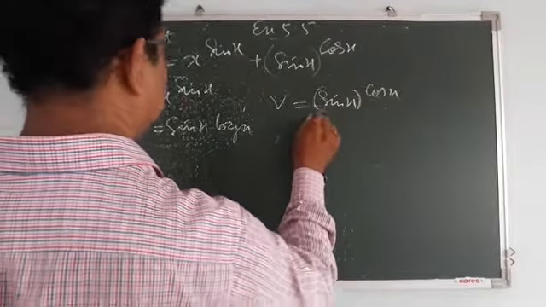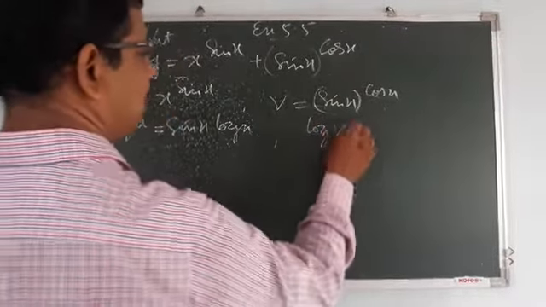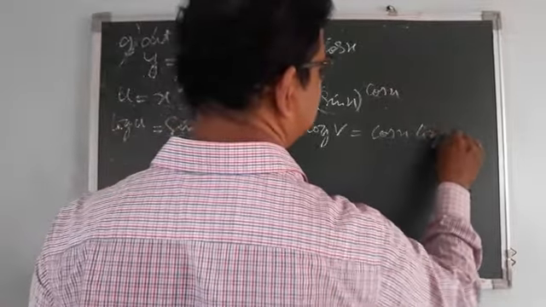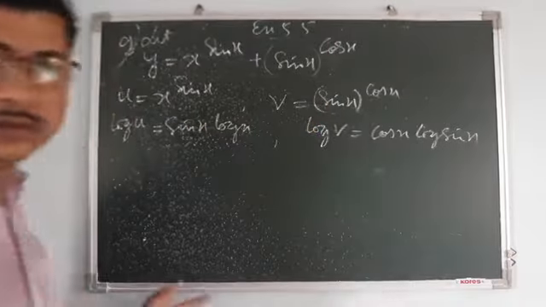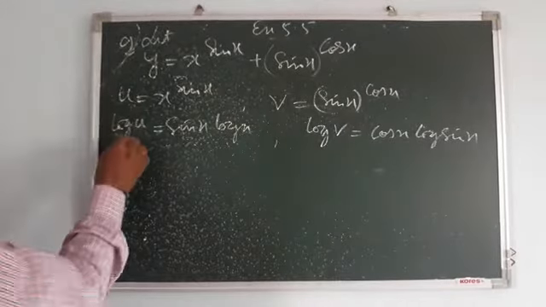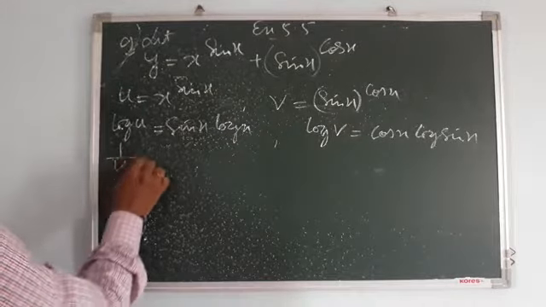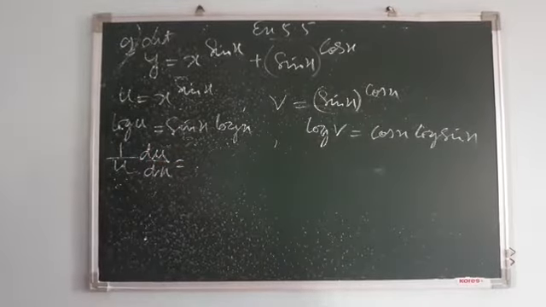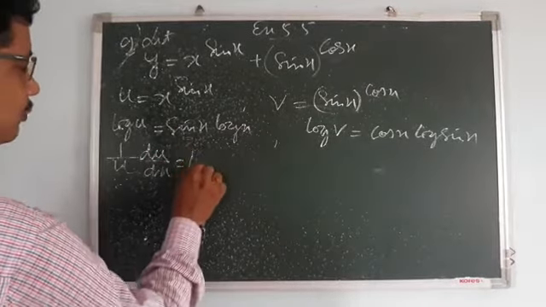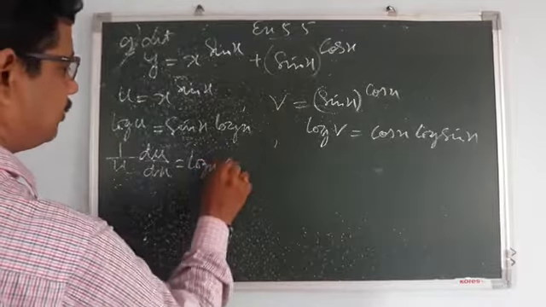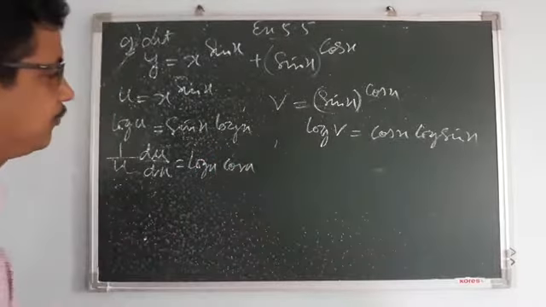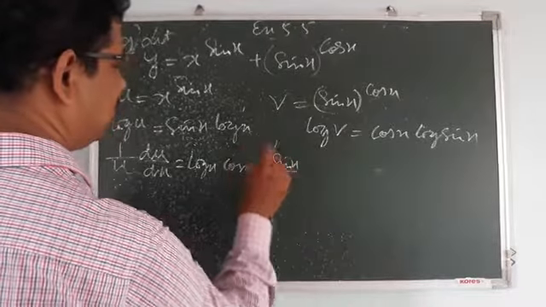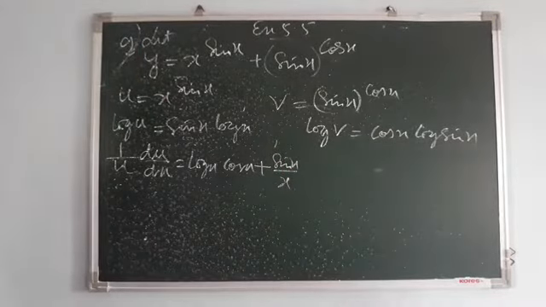If you take log here, then cos x will come out, log sin x will be there. It is this procedure we have done. Then if you differentiate 1 by u du dx, then u into v form, log x you will keep, sin x differentiation is cos x, then sin x you will keep, and log x differentiation is 1 by x.